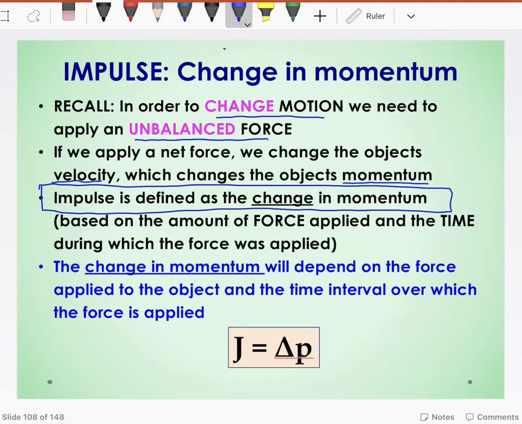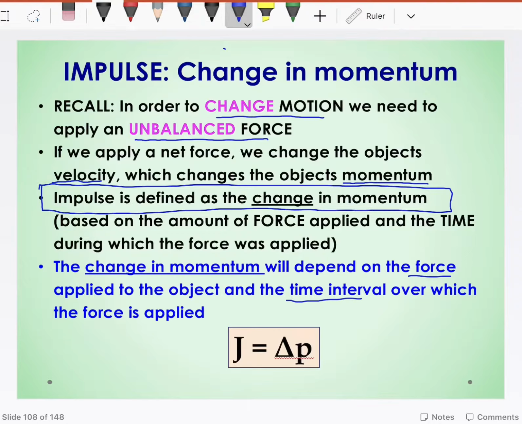So impulse, again, is defined as the change in momentum, and it depends on the force applied and the time over which that force was acting on that object. There are a few different formulas that relate to impulse, because force, time, momentum, and impulse are all very closely related.